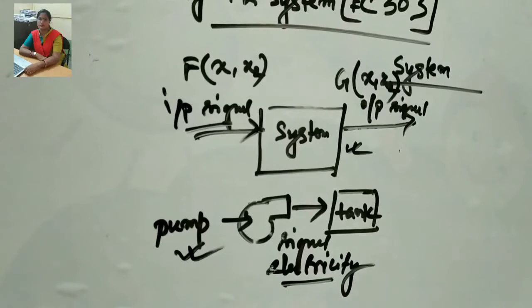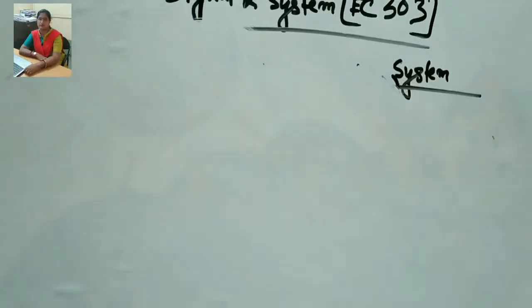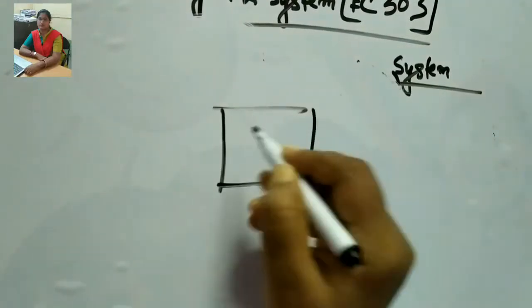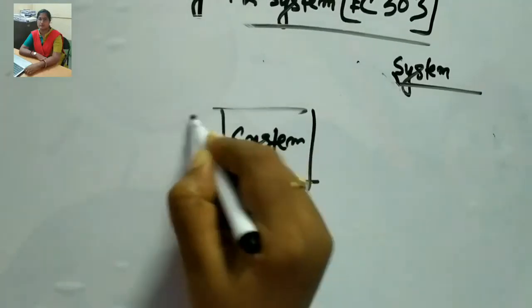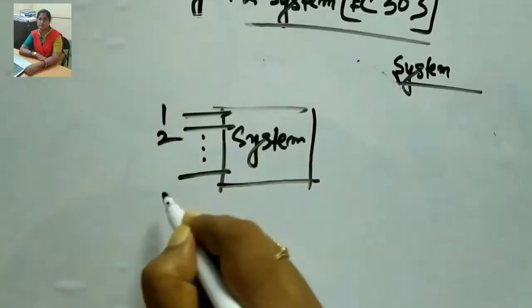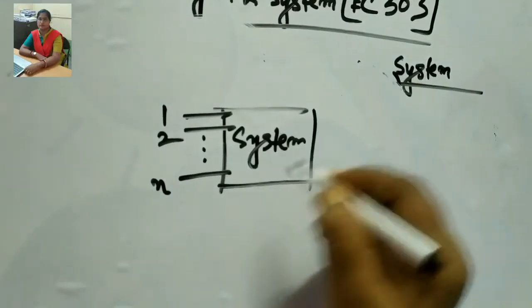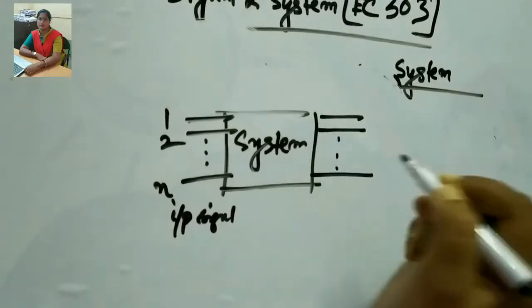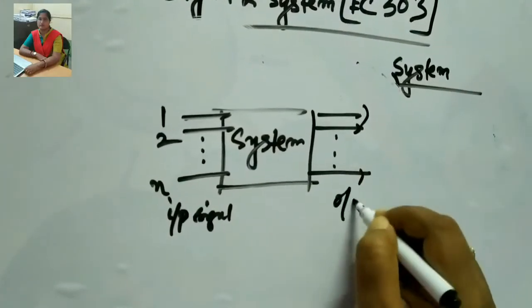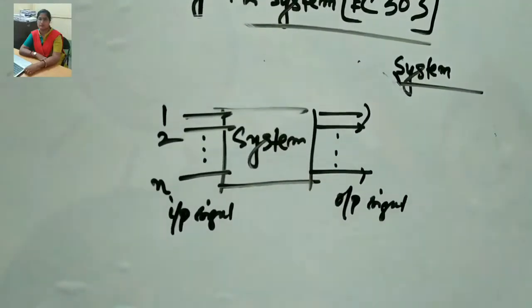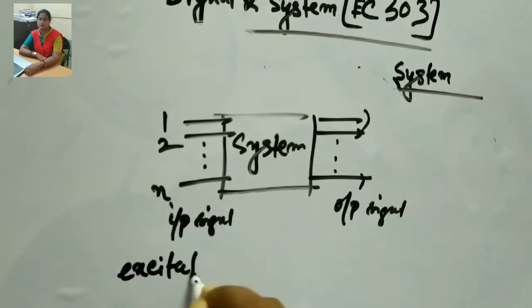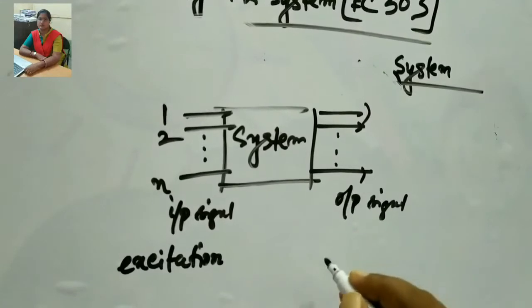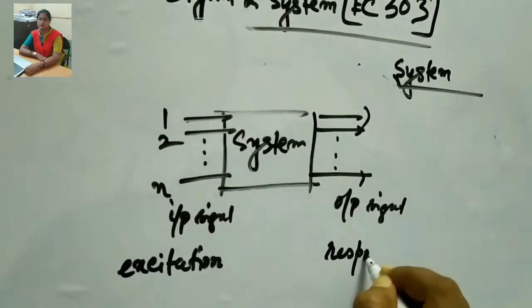A system may have n number of input signals and output signals. For example, this is a system, there are n number of input signals and there are n number of output signals. The input of the system is also known as excitation and the output of the system is also known as response.